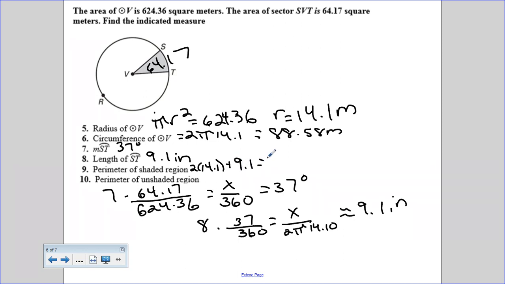And you should get 37.3 inches. So the perimeter of the unshaded region, well, I can take the total circumference, right? 88.58, and subtract from that the 9.1.